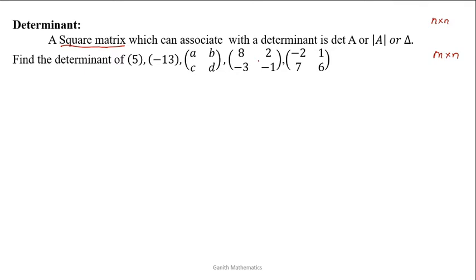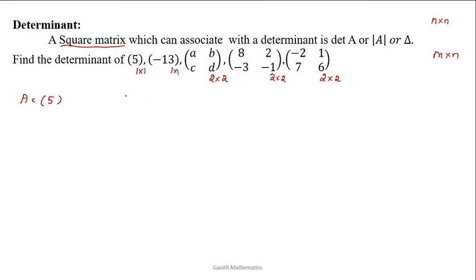So look at this example. They have given 5. So 5 is a 1 by 1 matrix, only one row and one column. Similarly, minus 13 also has only one row and one column. Look at this problem. There are 2 rows and 2 columns, so it is a 2 by 2 matrix, and these are all 2 by 2 matrices. Now we are going to find the determinant of these matrices. First, I am taking my capital A as the matrix 5.